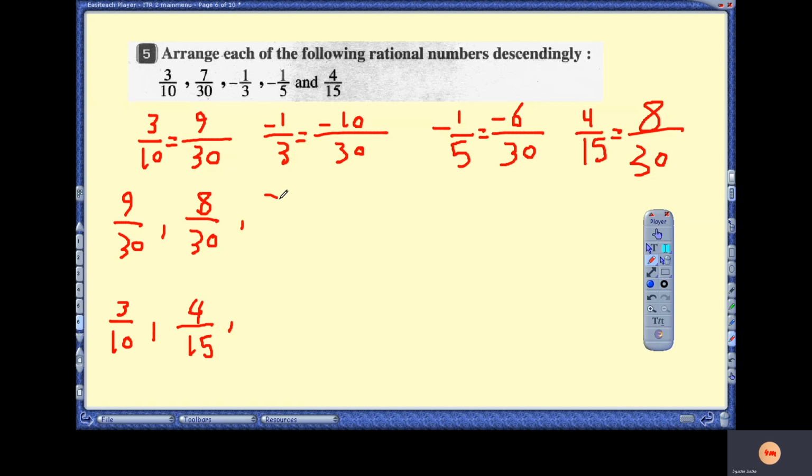Then 7 over 30, and write it here the same.